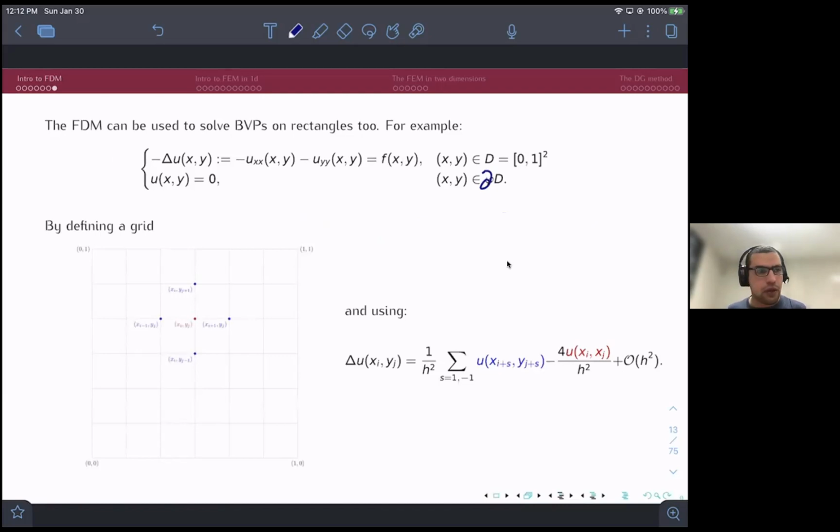And instead of using just 3 points to approximate my u double prime, now we need to use 5 points to approximate the Laplacian, namely the one on the right, the one on the left, the one on top, and the one on the bottom. And now I can do the same thing. I just have a more complicated formula, and they have the same error term, so we can do things in 2 dimensions easily on Cartesian grids like this one. And it's a very popular way to do it, especially in electromagnetics. It's a very well-known method to be robust.